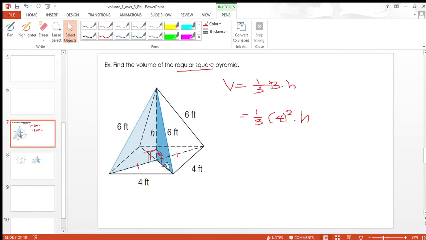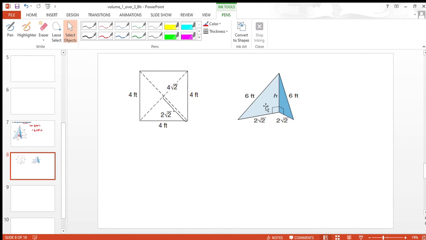If you isolate this, let's use this diagram here so you can see it better. That's your h. Isn't that the base? 4, 4, 4. Since this is a right triangle, this red section is the hypotenuse of the right triangle formed here.